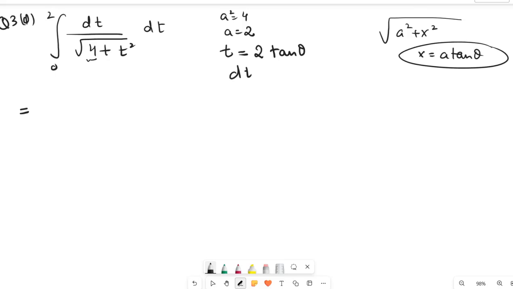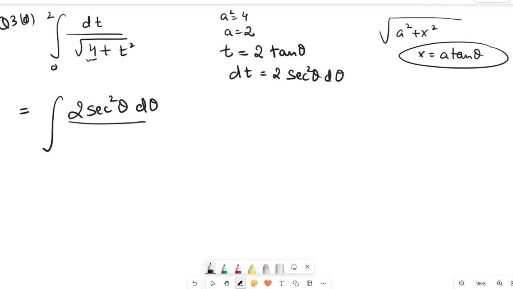The derivative of that is 2 secant squared theta d theta. So dt is 2 secant squared theta d theta, divided by square root of 4.